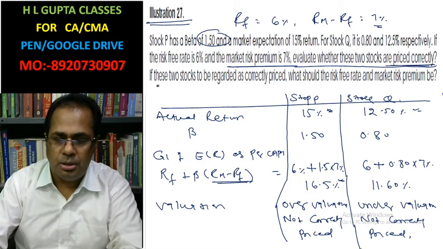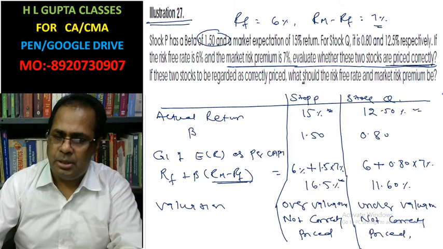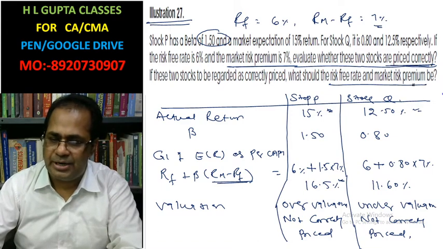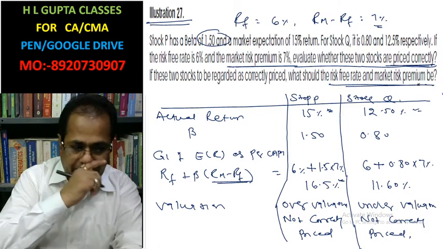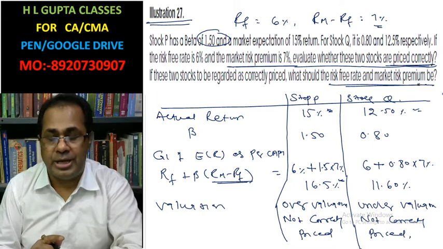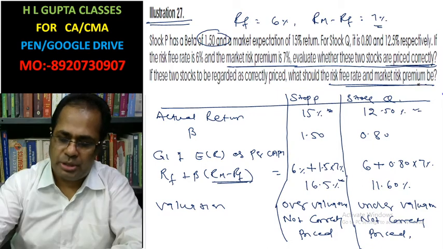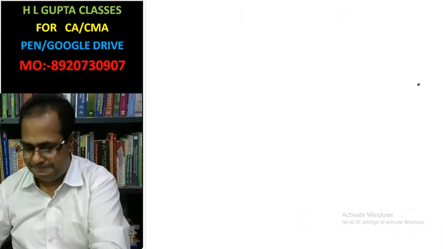Second part: if these two stocks are to be regarded as correctly priced, then what should be the risk-free rate of return in this case? That you have to calculate. Look at it.